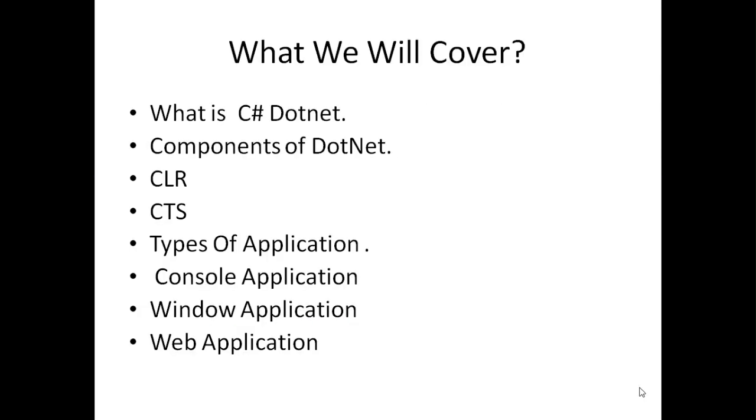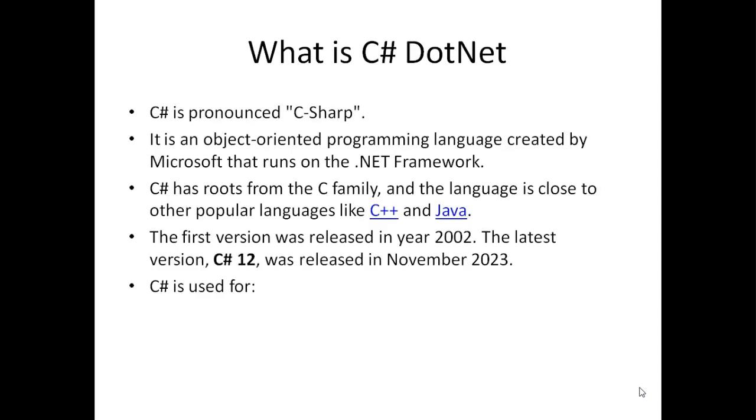What we will cover in this video is: what is C#.NET, the components of the .NET framework, and then the types of applications we build using C#.NET. Okay, so let's have a look at C#.NET.